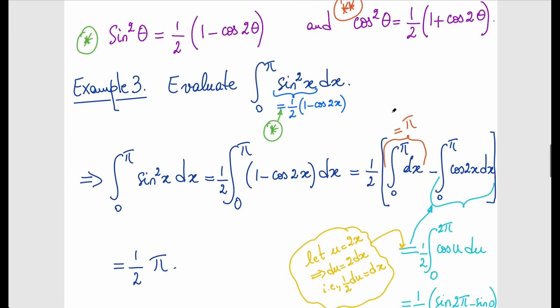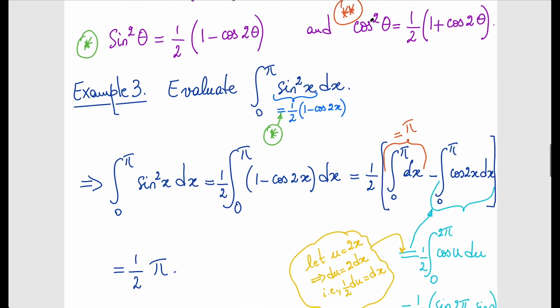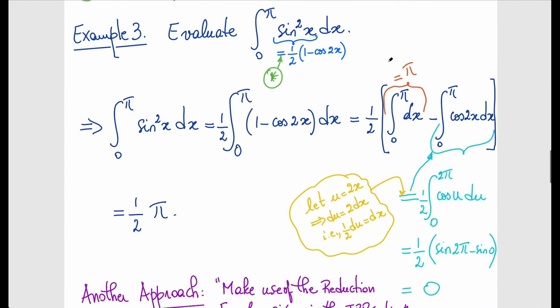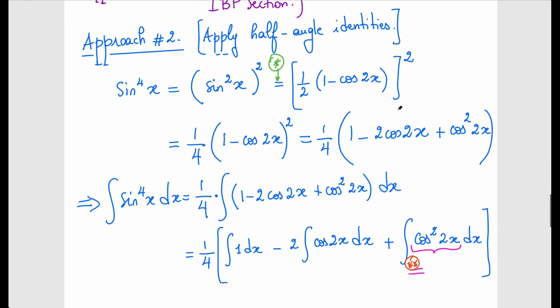And again, the essence here is we are linearizing the power. Instead of having power 2, we're gonna be down to power 1, right? So we're gonna increase the angle. The angle is not gonna be the same from theta to 2 theta, but the power is gonna be reduced, right? So that's the essence of this identity, or those two identities above.